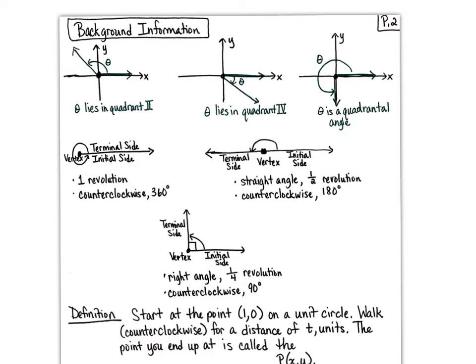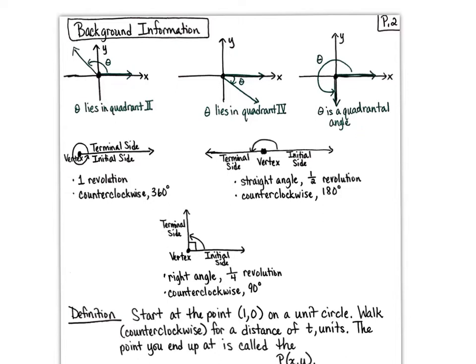The angle is what? Negative. Good. And then your initial side is on the x-axis, and your terminal side is in quadrant 4. Okay? And notice that here, your angle that's created is theta, and theta is called a quadrantal angle.